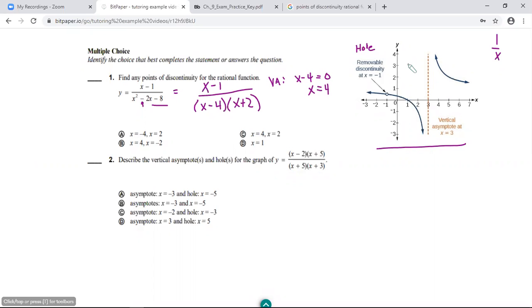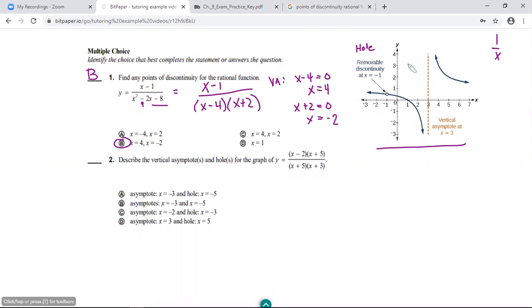So that's one location. And we take x plus 2 is equal to 0. So when x is equal to negative 2, again, if you plug that in, your denominator will be 0, another location. So this has 2 vertical asymptotes, and the answer is B, positive 4 and negative 2.